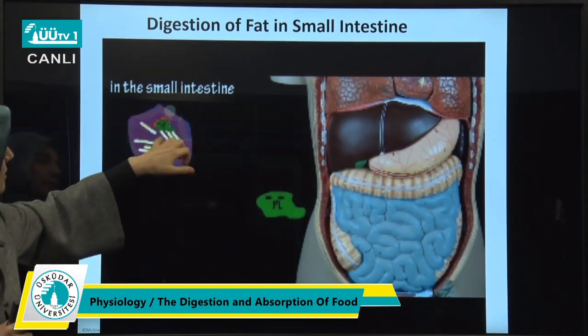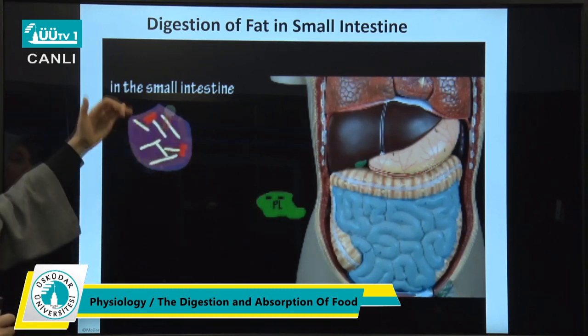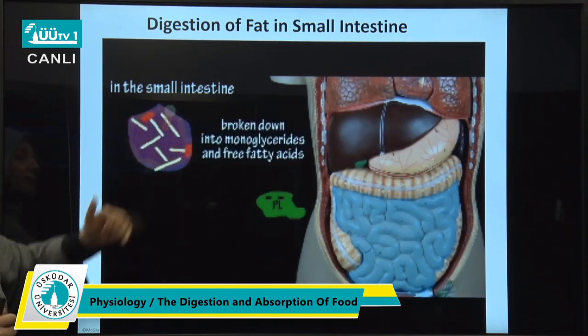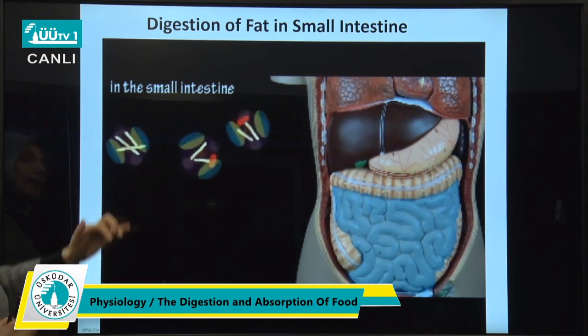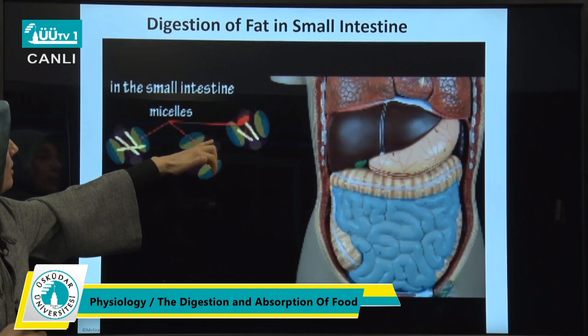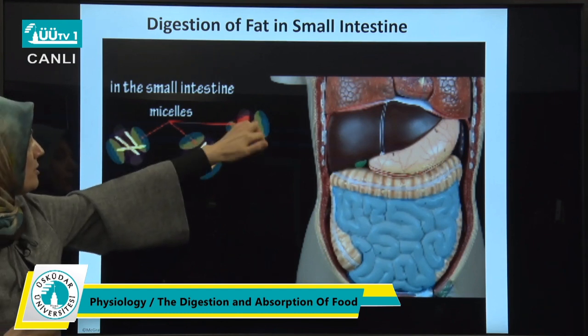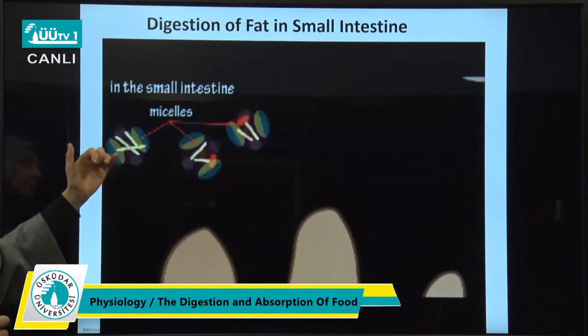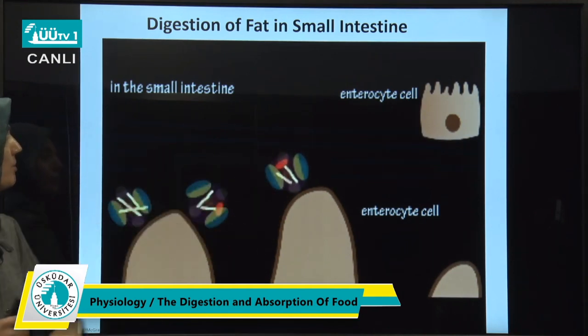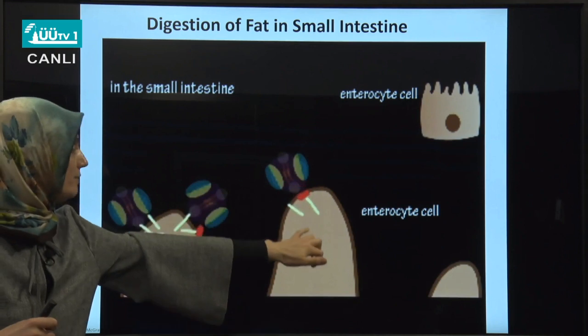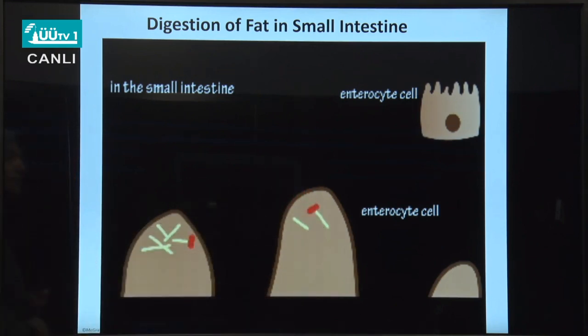And the pancreatic lipase carries out the further digestion, separating them into fatty acids and monoglycerides. And then, since they have hydrophobic property, they can easily diffuse through the small intestine.